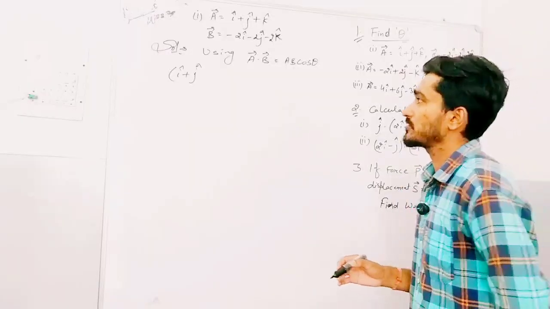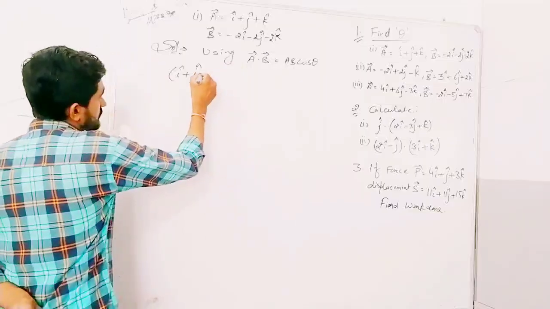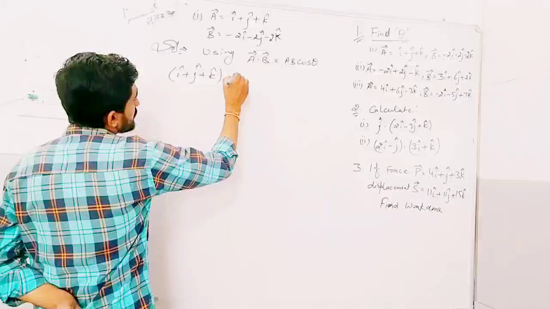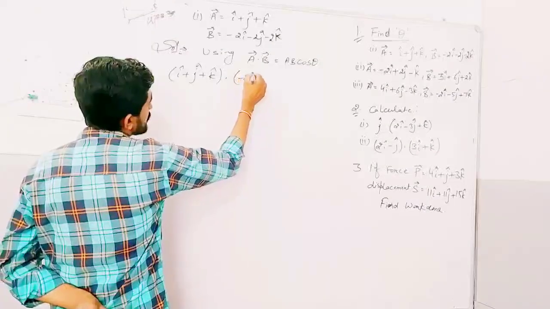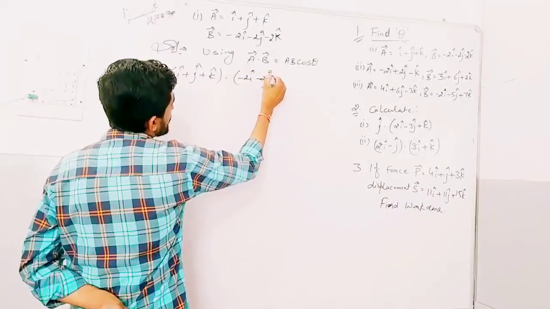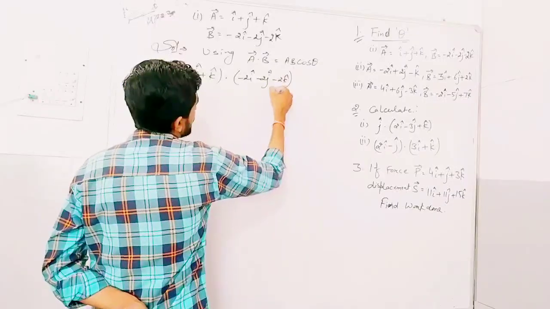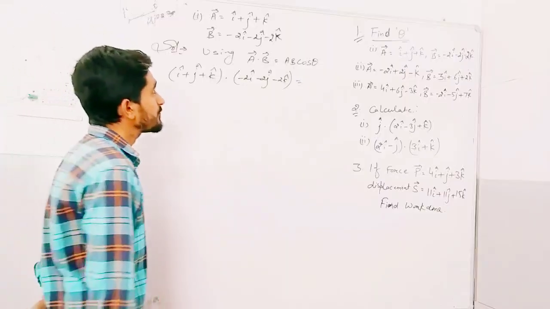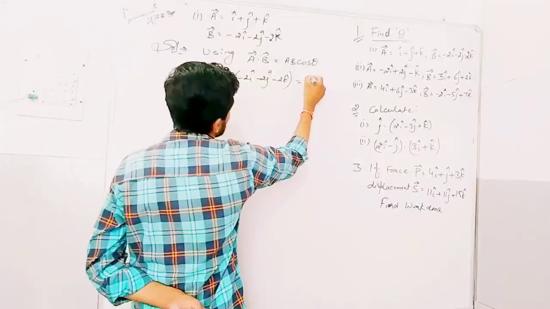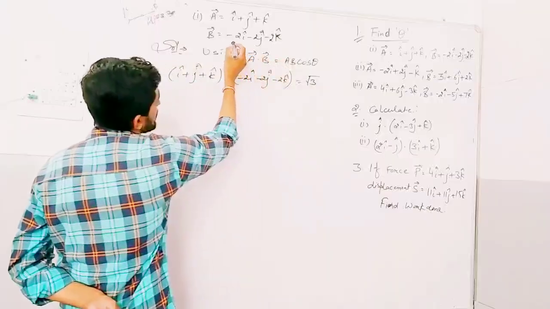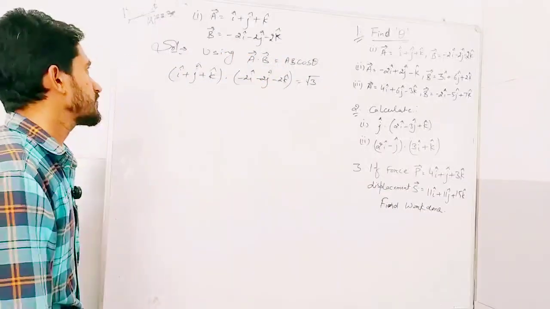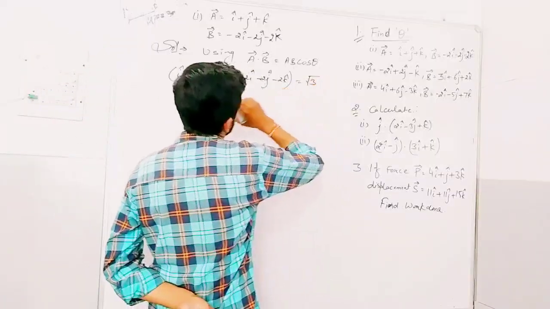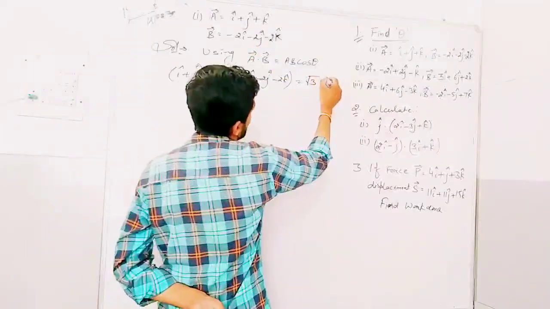Vector a is i cap plus j cap plus k cap, dot vector b, which is minus 2i cap minus 2j cap minus 2k cap. The magnitude of a is root of 1 square plus 1 square plus 1 square, which gives root 3. The magnitude of b is root of 2 square plus 2 square plus 2 square, which gives 4 plus 4 plus 4, that is root 12.